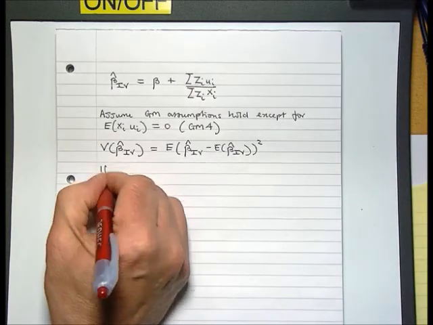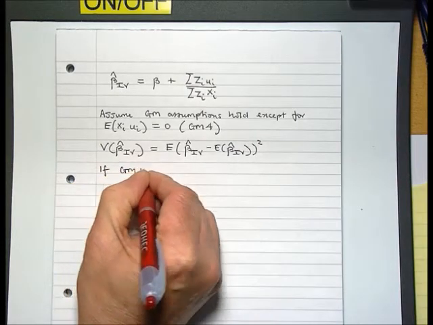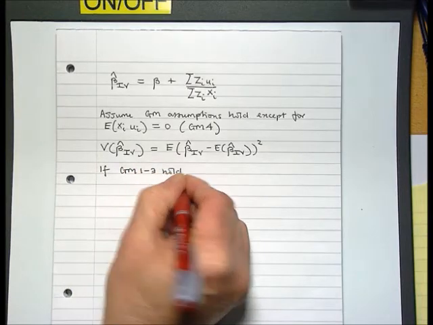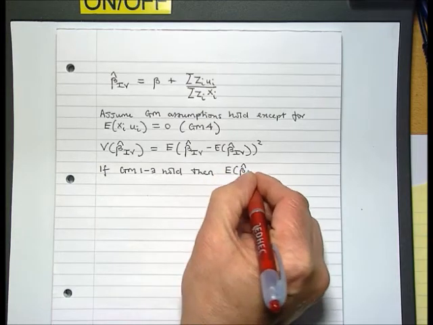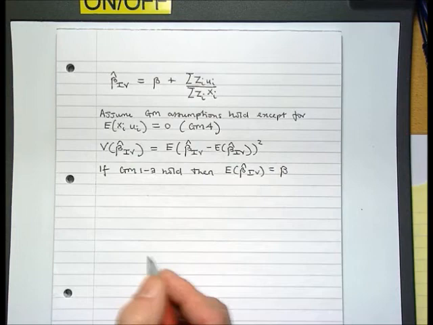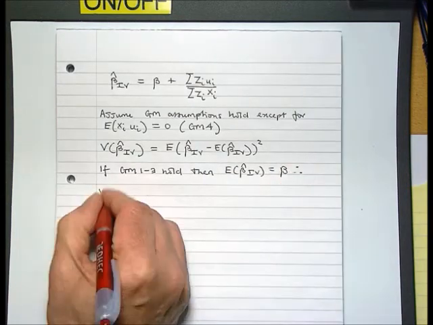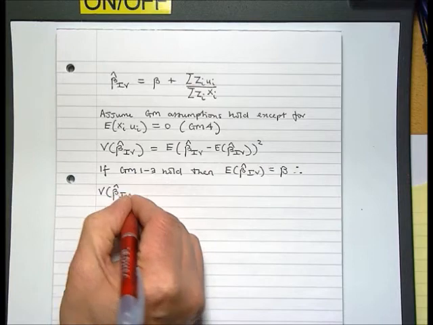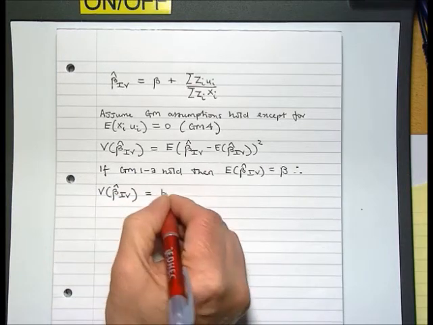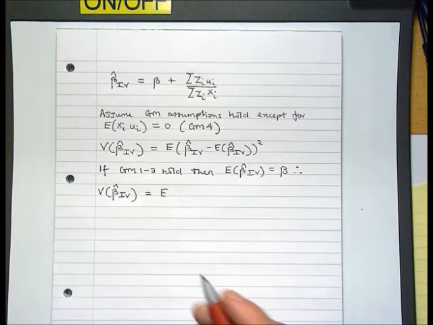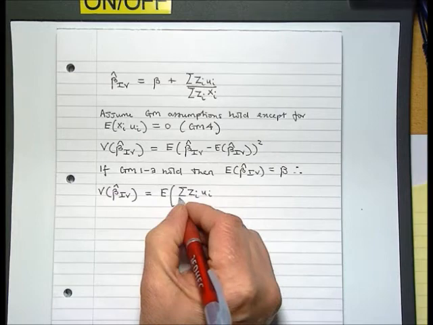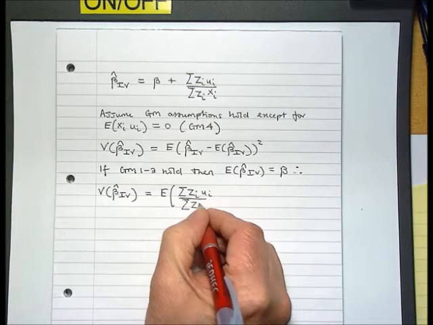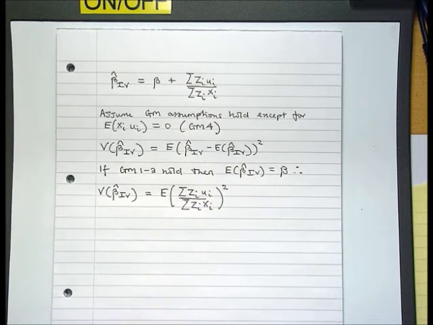But if the other Gauss-Markov assumptions hold, so if Gauss-Markov 1 to 3 hold, then the expected value of beta hat IV will be the true value beta, and therefore the variance of beta hat IV will be the expected value of this expression here, all squared. In other words, the sum of zi ui divided by the sum of zi xi, all squared.